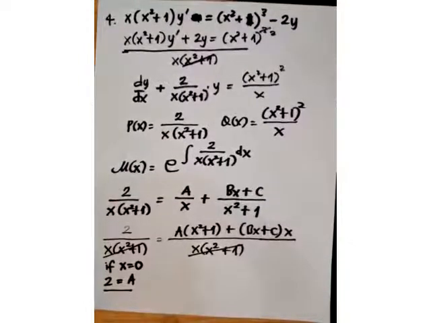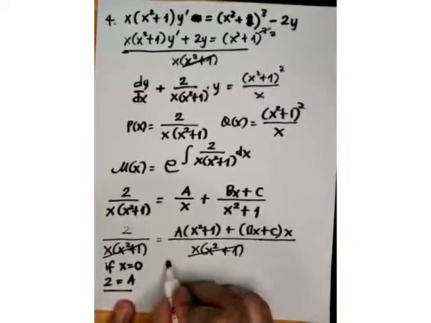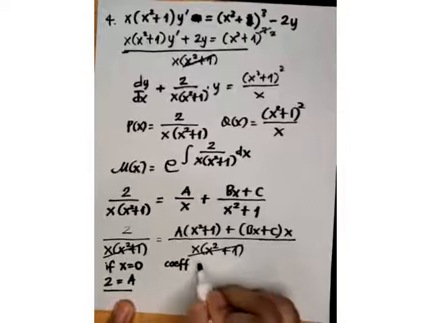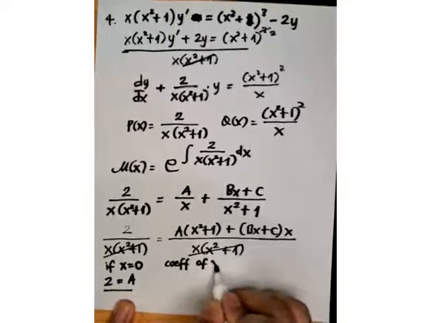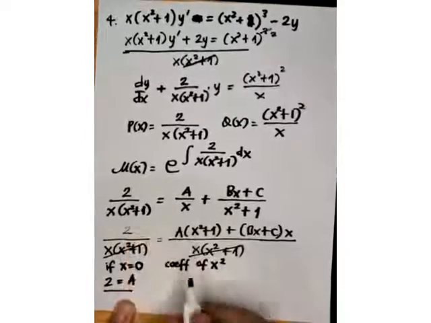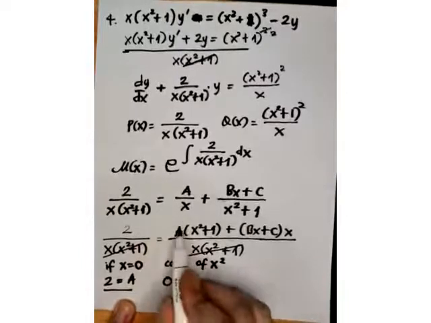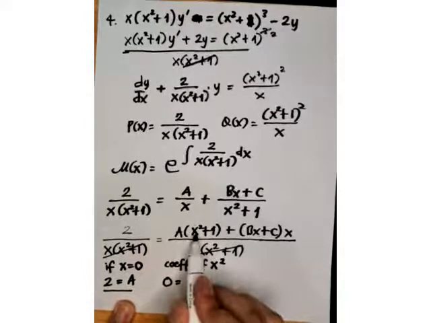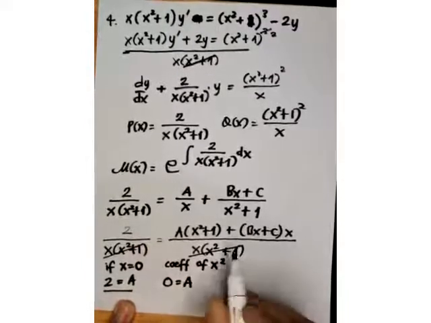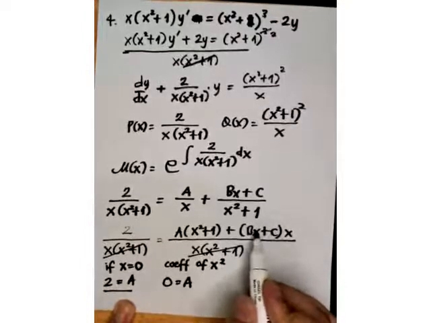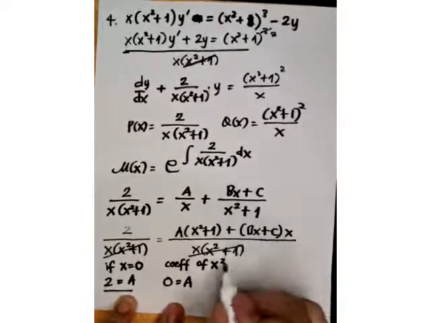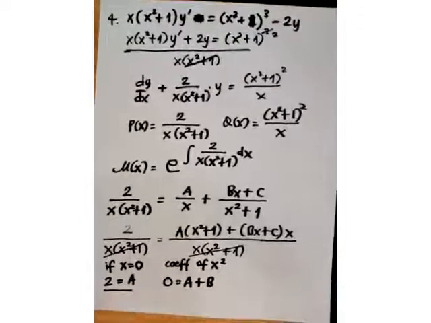Next. The coefficient of x squared. So, dito wala, 0. So, distribute natin to, magkakaroon ng coefficient dito na a. Tapos, distribute natin to, magkakaroon ito ng coefficient na b. Plus b.